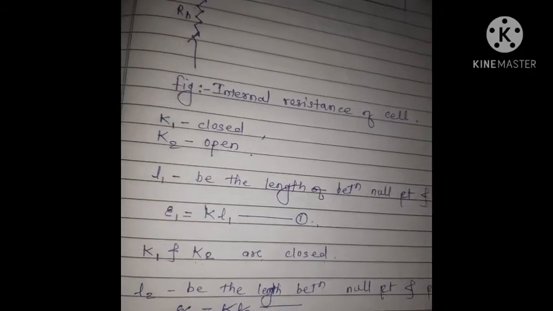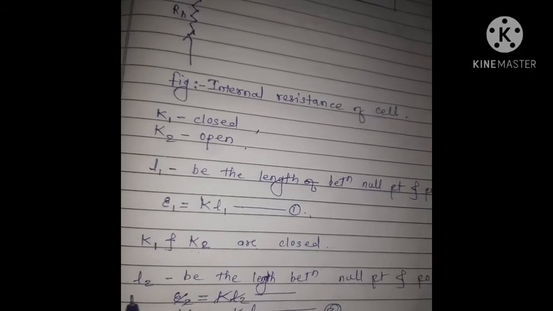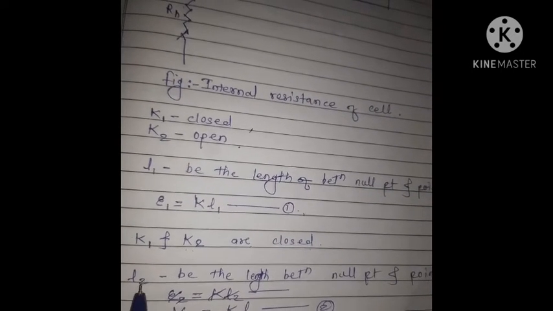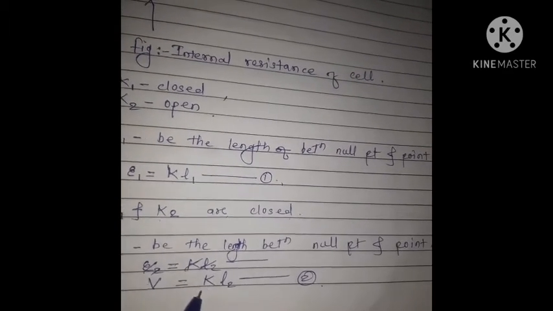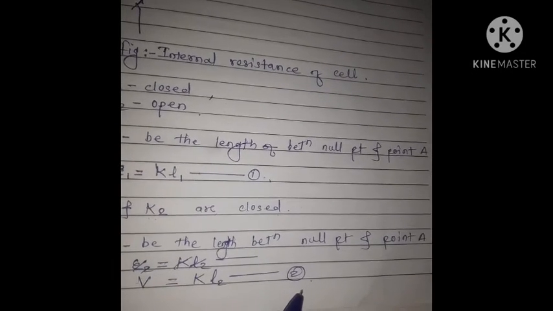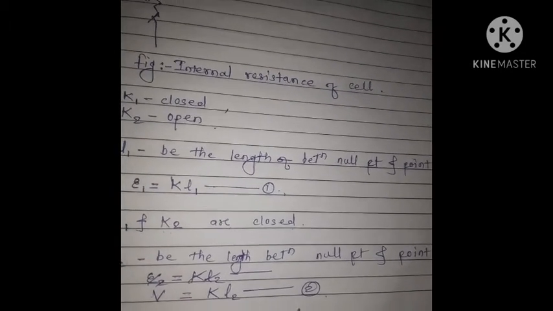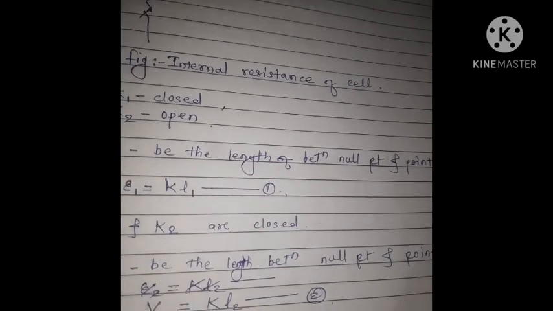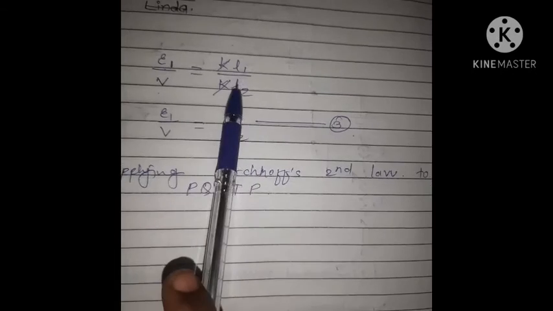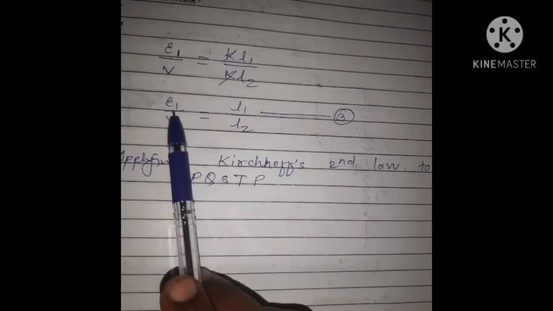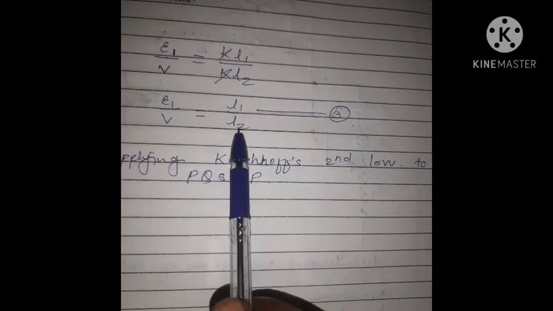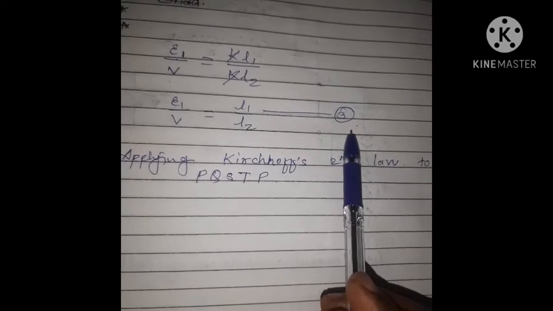Now the EMF for this condition is the potential V. Therefore we can write V is equal to K into L2. Suppose equation number 2. Now dividing equation 1 by equation 2, we get E1 by V. Here K gets cancelled. Therefore we get E1 by V is equal to L1 by L2. Suppose equation number 3.